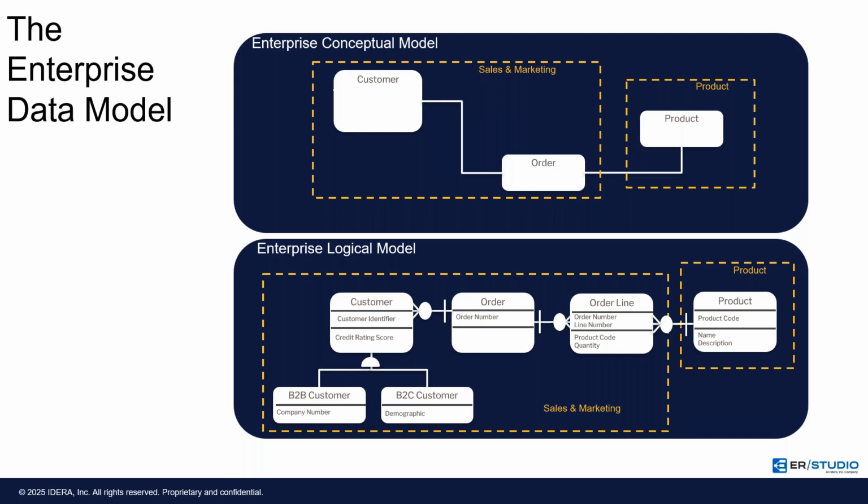How do they map into different parts of the company in terms of data assets, databases, data warehouses, whatever else they may be? And from there, what often then happens is it gets expanded out to provide a slightly more detailed view, which is often termed the enterprise logical model.